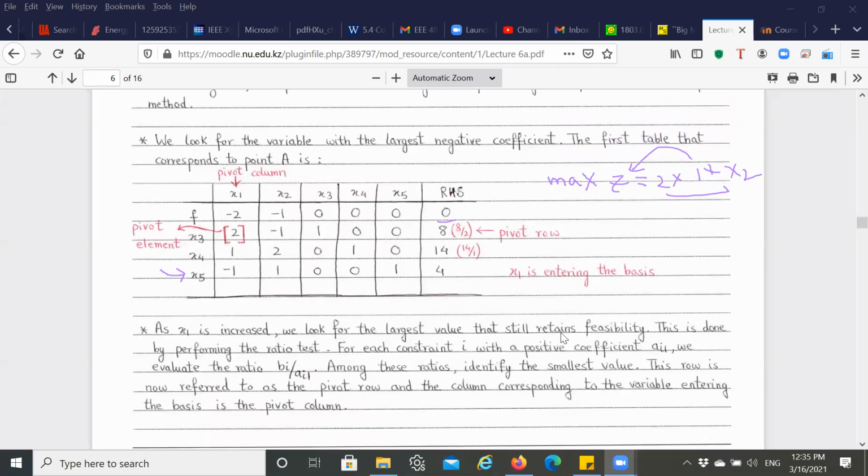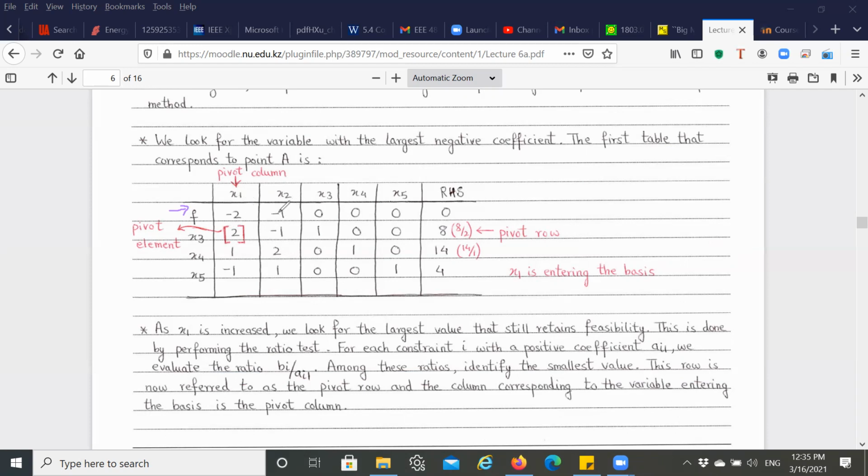I've written the details in words, but to make it short and quick: you look at the elements in the cost row. As long as there is an element with a negative sign, you do the simplex method iteratively, since the simplex method is an iterative method. Here we see 2 negative elements, -2 and -1.